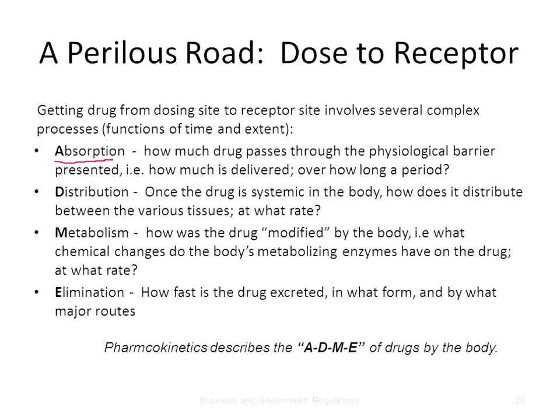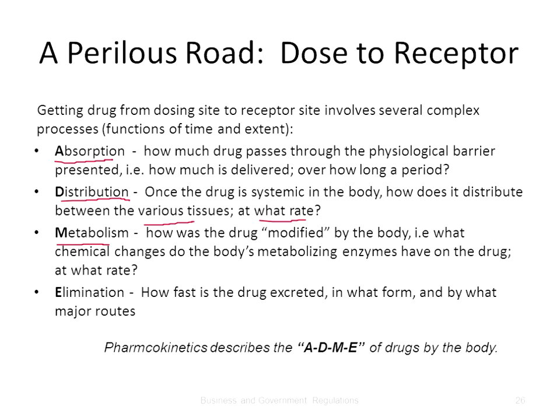Then, once it has gone into the bloodstream, how is it distributed? Is it concentrated in certain tissues, or is it going through the whole body? Okay, so how does it distribute between the various tissues and at what rate? So distribution is important, right? You want the drug to go to the place that you want it to go to, not undesirable places, right? So that's distribution. And then metabolism. Is the drug changed by the body? Do certain enzymes in the body break it down?